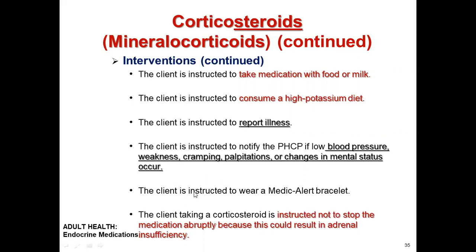The client is instructed to wear a medic alert bracelet. The client taking a corticosteroid is instructed not to stop the medication abruptly because this could result in adrenal insufficiency.